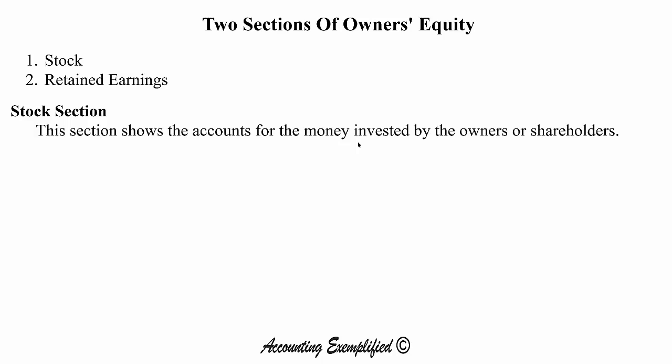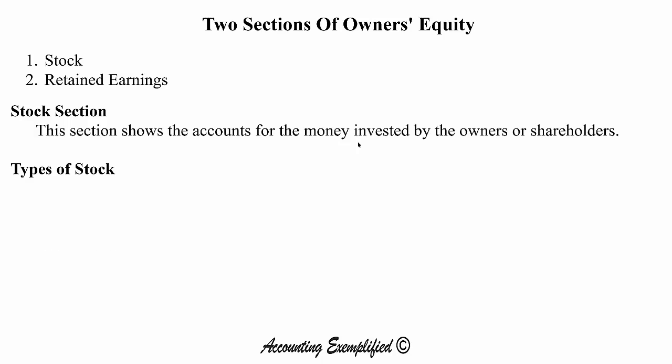So here, the investors or the shareholders will buy the stock directly from the company and in exchange will give cash or other properties. So this is a transaction between the investors and the company.